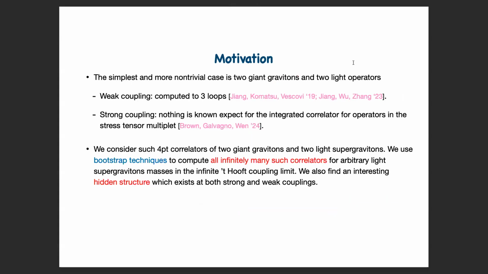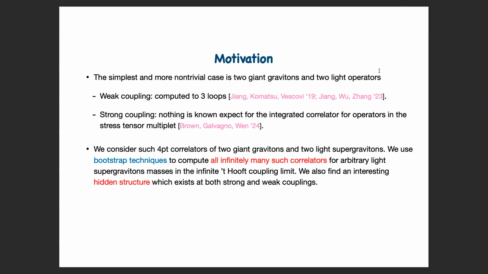The next simplest but non-trivial case is where you have two giant gravitons and two light operators. But not much has been studied about this 4-point function. So far, all the examples studied are in the weak coupling regime.